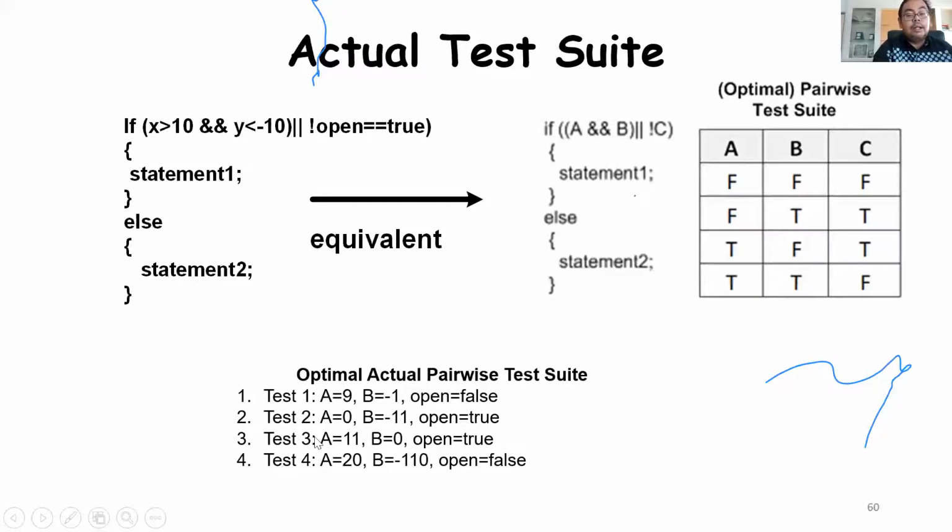For example, test 3, now you have this is true. True means A greater than 10, so I put 11, greater than 10, and B false, less than 0, so I put equal to 0, less than -10, I put equal to 0, and this is true, so I make it equal to true, and so forth. So these are actual test cases.